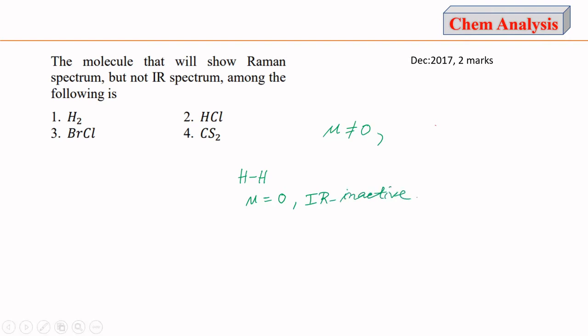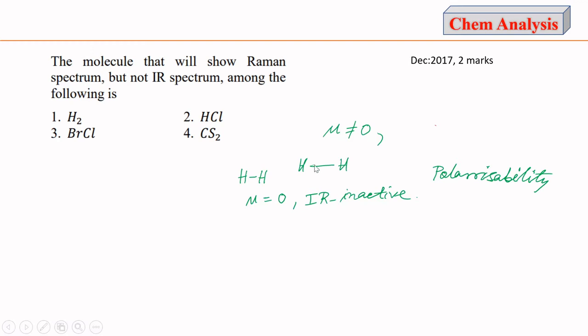And the necessary condition for a molecule to show Raman activity is that there will be a polarizability induced within a molecule in an applied electrical field. Means if we place a molecule in an applied electrical field, then there will be a polarization within a bond in the molecule. Now if we place a hydrogen molecule in an applied electrical field, then the stretching, that is symmetrical stretching, will result in the bond elongation.